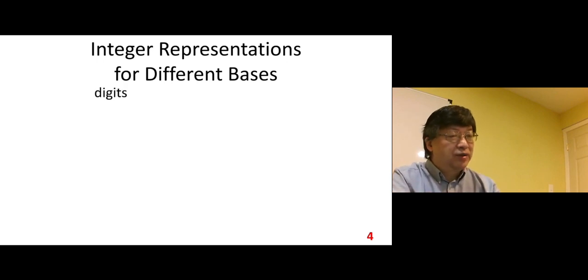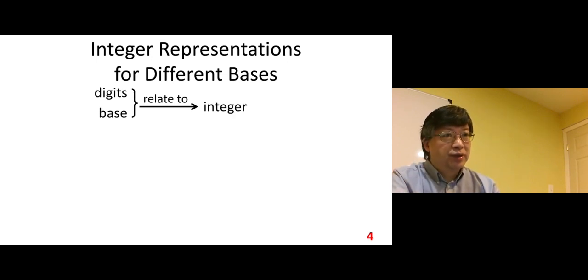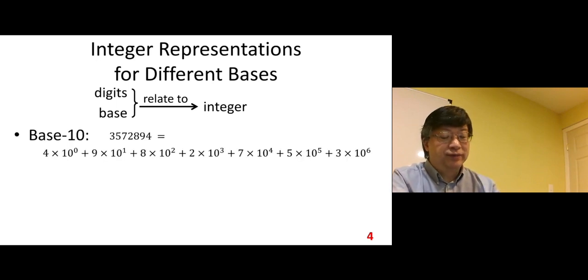Now let's do that general representation. So digits and the base have an explicit relationship to the integer. We can write it out easily. For example, for base 10, we write it in this way.